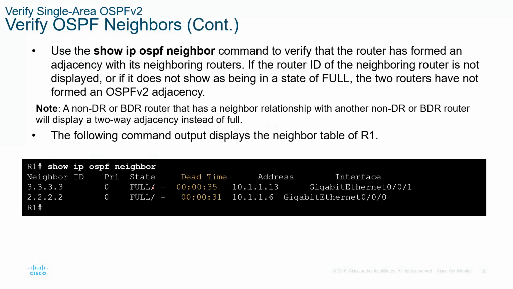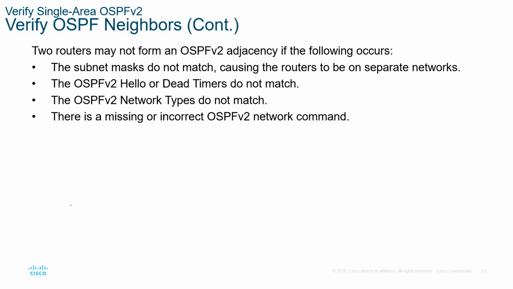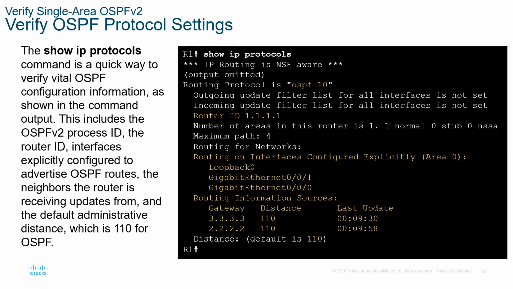You can use the show IP OSPF neighbor command to verify, like we said. If you do this, you're going to get the result expected. Okay, so if I run show IP protocols, for instance, it will give me the OSPF and the router ID.